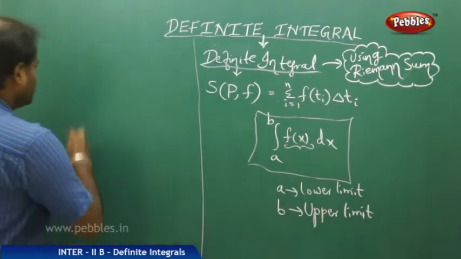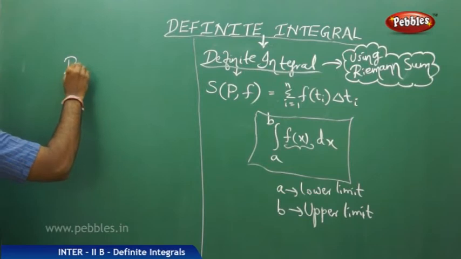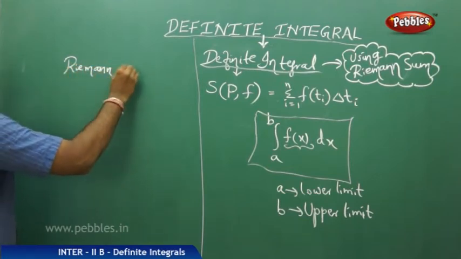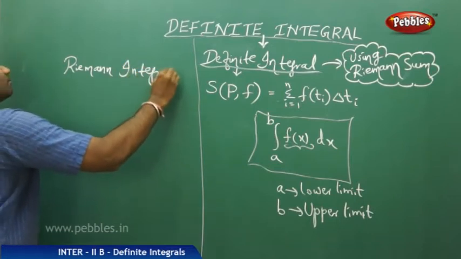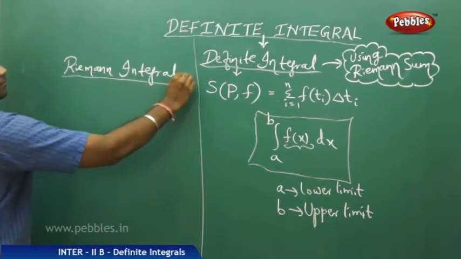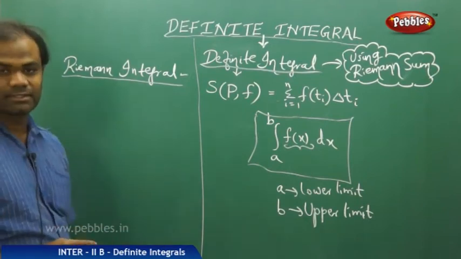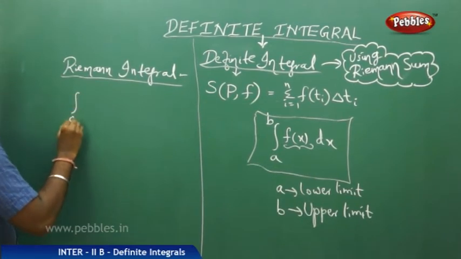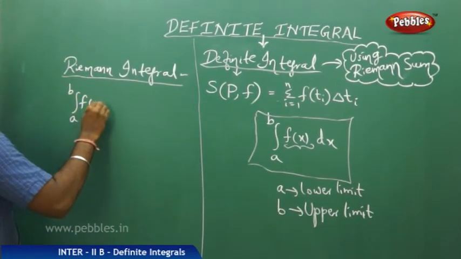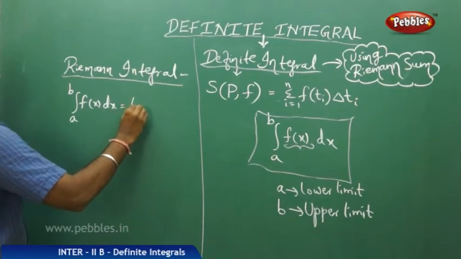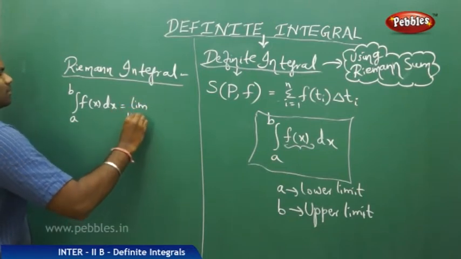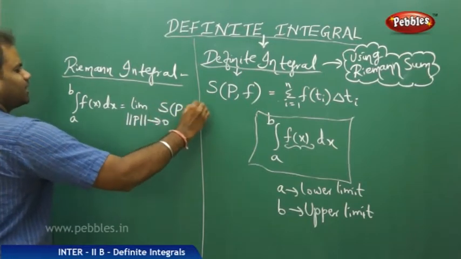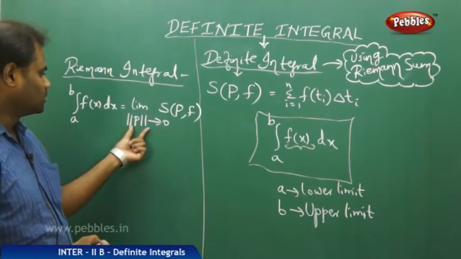Therefore, the Riemann integral of the function f of x is defined as the limit, norm of P tending to 0, of S(P, f), with the partition norm tending to 0.